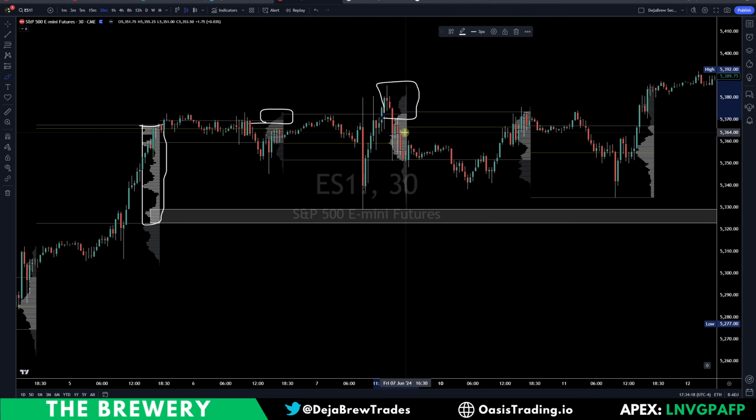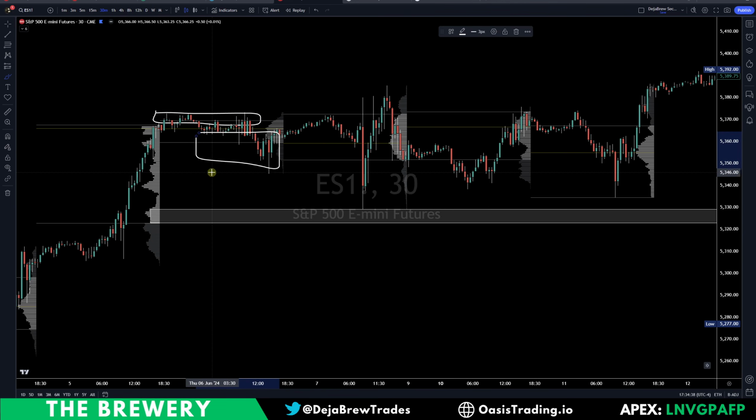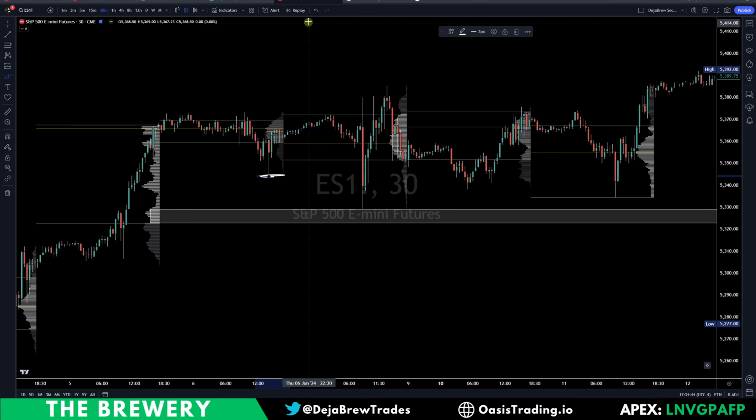This example here does not have significant value above this value area, but what it does have is very sharp rejections of those rotations. Okay, so the first attempt to rotate, you can see we started to push these highs, and then we started to rotate once we had all that price action building back inside that prior value area. This is where the incomplete auction would have begun.